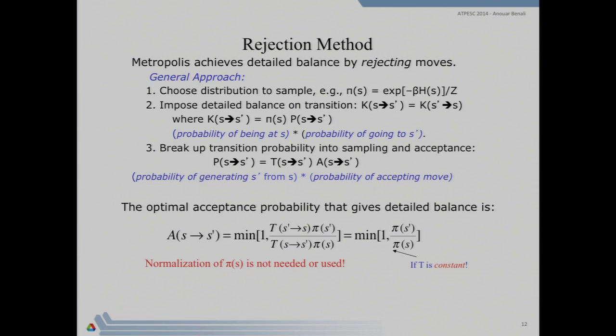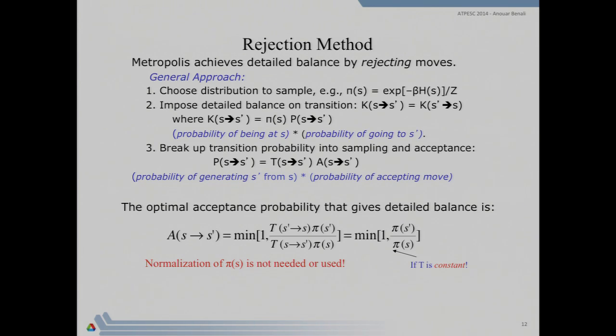So how to add the fact that we cannot go too far or we cannot do something that is not favorable for our system is by adding a rejection method. The general method is we're going to choose a distribution of our samples. Here, usually, we choose a Boltzmann distribution type, or we can choose whatever type of distribution that we want.